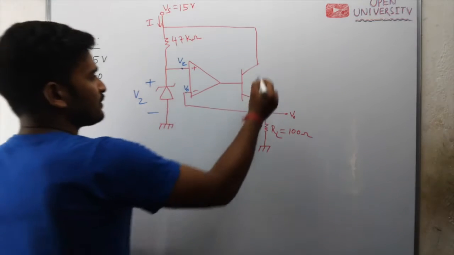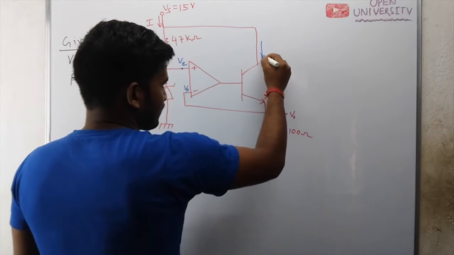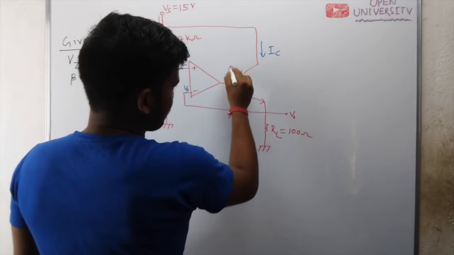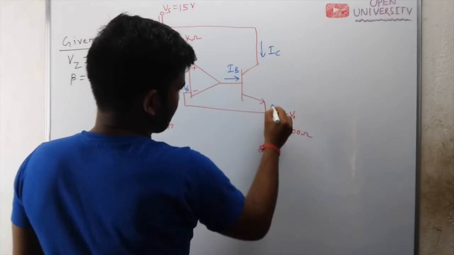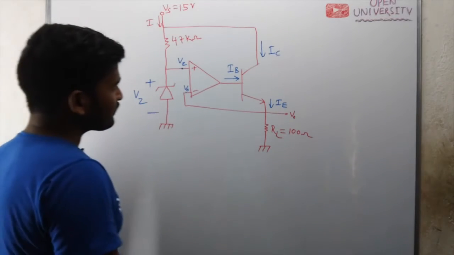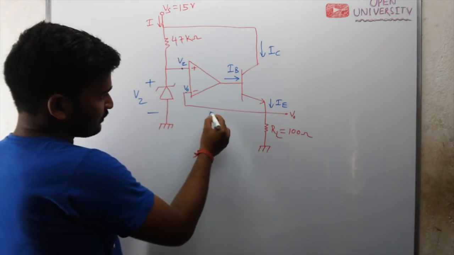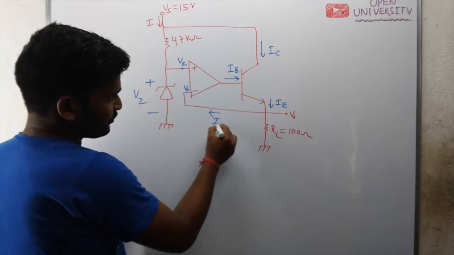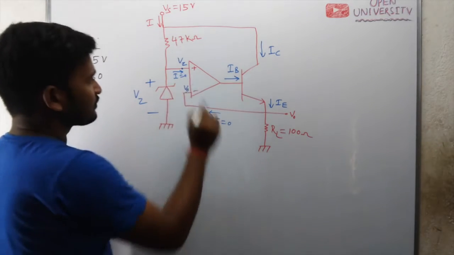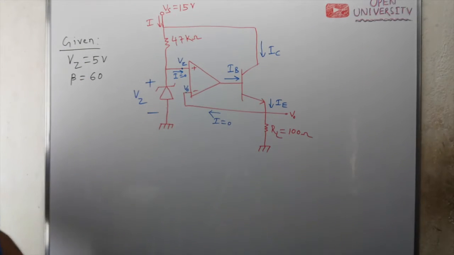This is your collector terminal, and this is the collector current, this is the base current, and this is the emitter current. The current through this path is 0, and through this path is also 0, because the input current to an op-amp is 0.